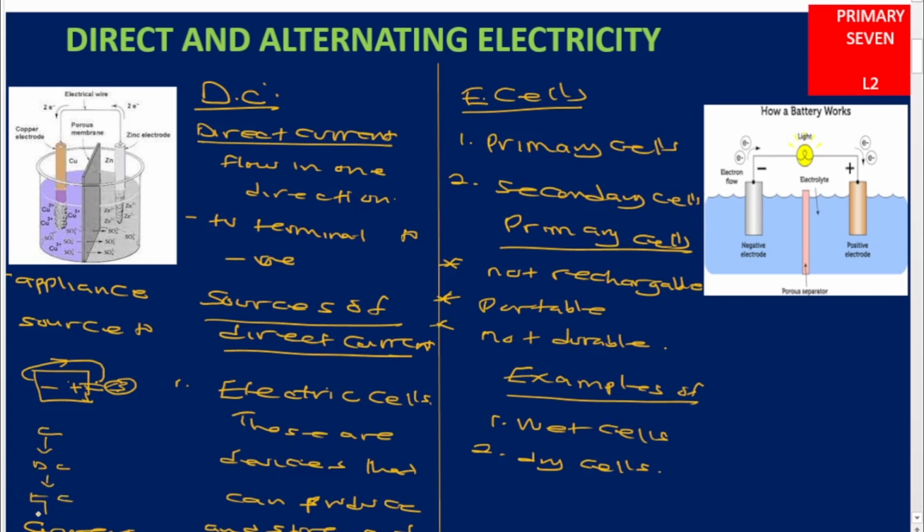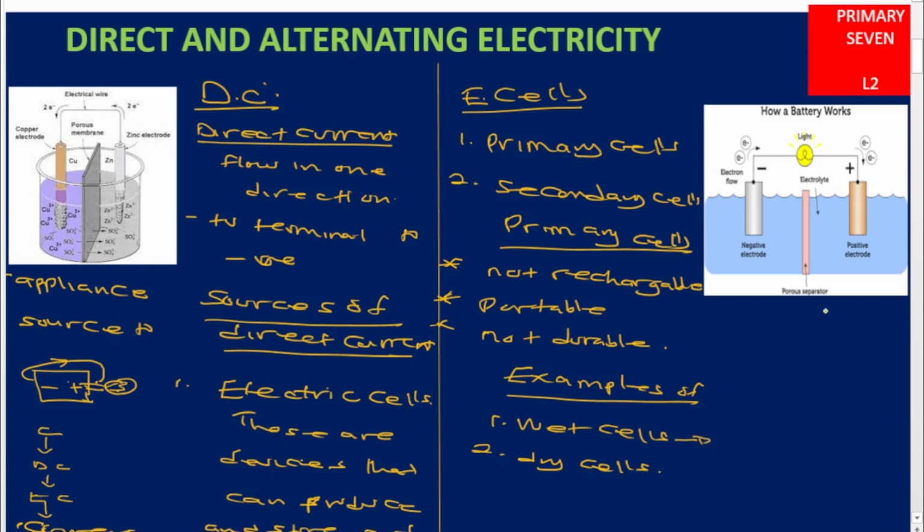From electric cells, we have now got primary and secondary cells. Then from there, we have looked at primary cells. They have given us wet cells as well as the dry cells. So those are the examples of primary cells. Then let us get an example of the wet cell here.